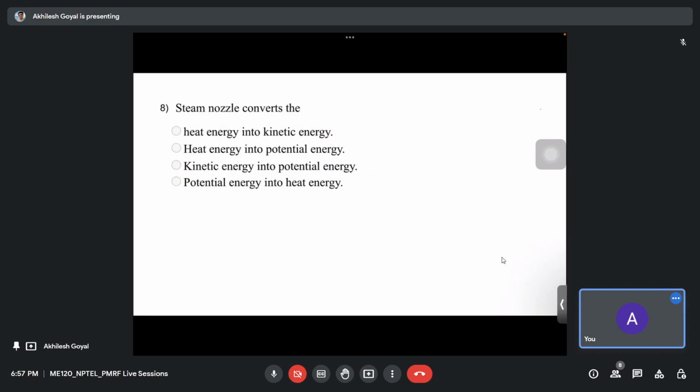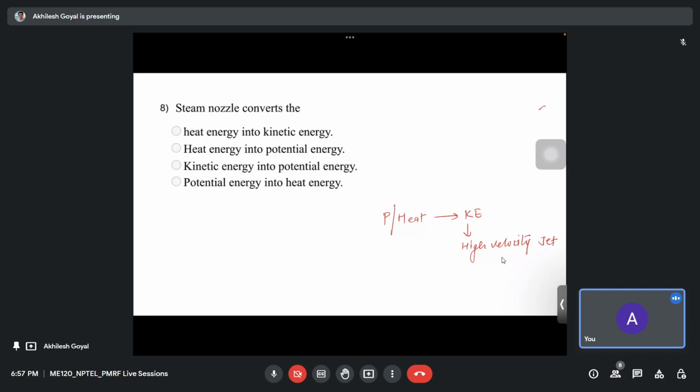The next question is, the steam nozzle converts. So what does a steam nozzle do? A steam nozzle converts pressure or heat energy into kinetic energy, in the form of a high velocity jet.